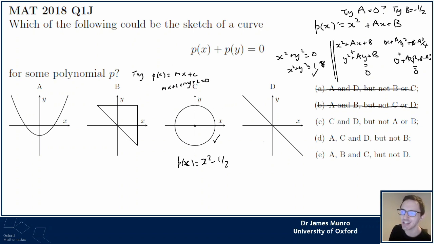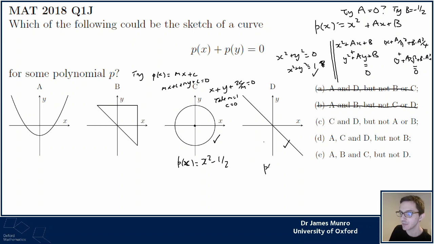If m's not 0, I can divide that by m. So this looks like the equation of a straight line. y is minus 2c over m minus x, which if I take m is 1 and c is 0, then that would be the line y equals minus x, which looks like D to me.